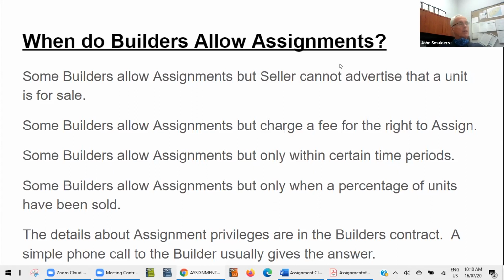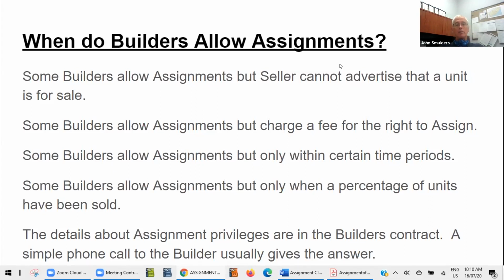The build date is not until 2022, and the occupancy date is not until 2023. You can assign the project, but maybe only 60 days prior to the completion date, because the builder wants a chance to sell all of their units first before they allow any assignments.